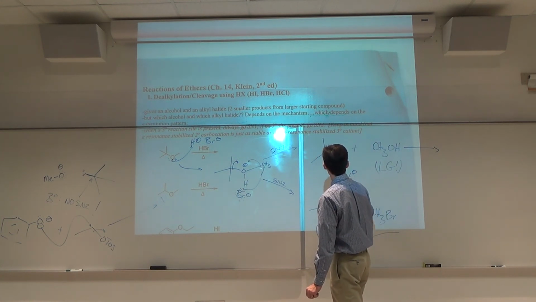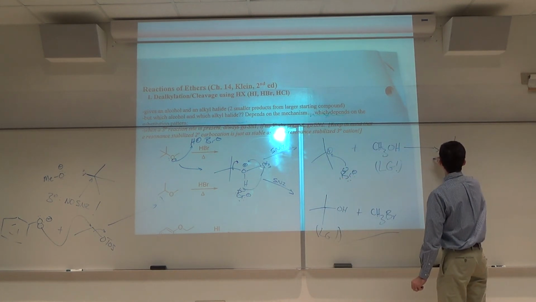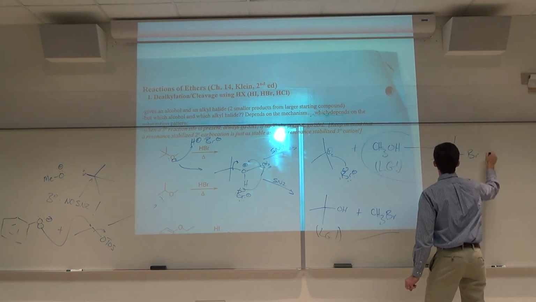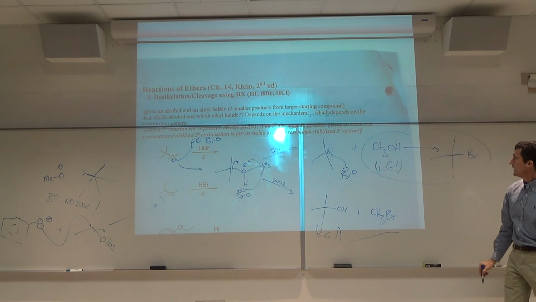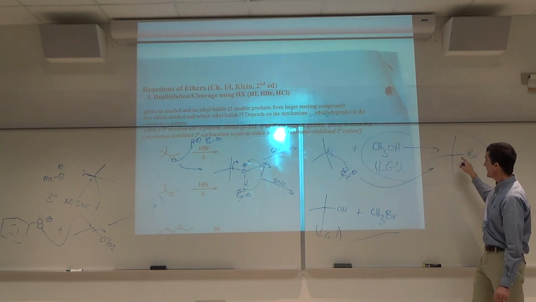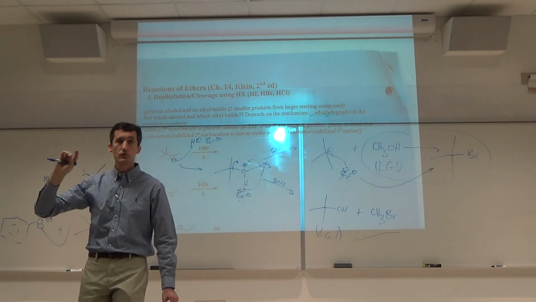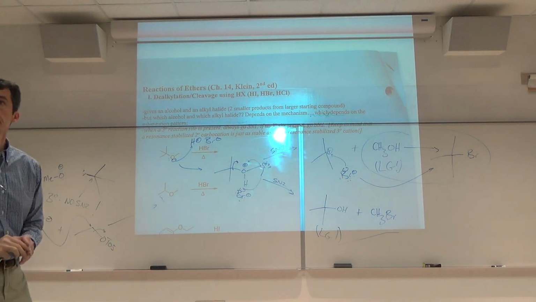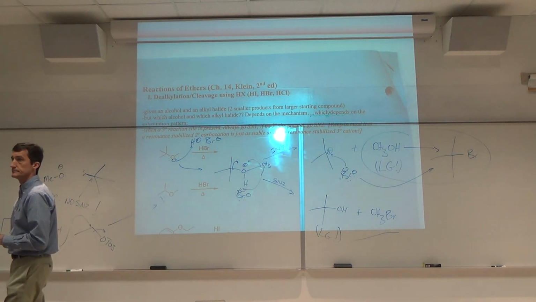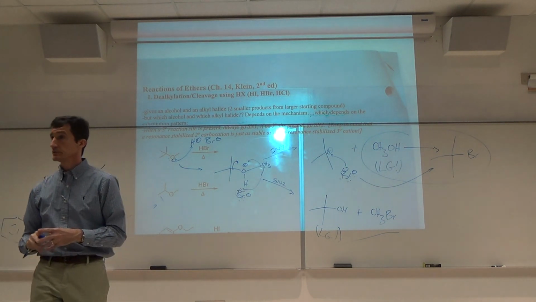Bromine now attacks, and we get these being the 2 products. An alcohol and an alkyl halide. So we have 2 options here, ways to cleave. Which one's going to occur here? Sometimes it can be difficult. You may get mixtures.